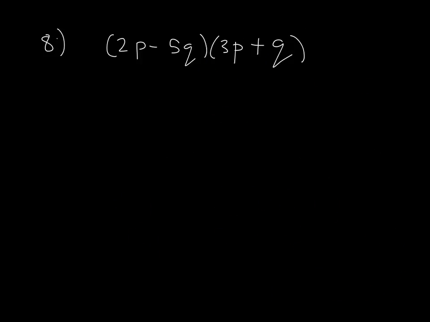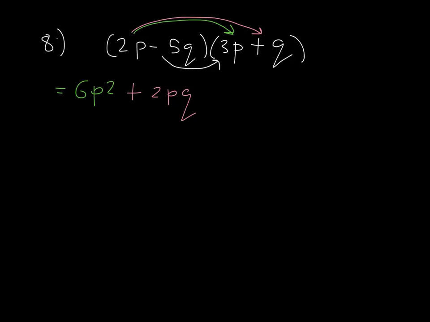Question 8. Multiply out and simplify this pair of double brackets. So starting here, 2p multiplied by 3p gives us 6p squared. Then we have 2p multiplied by q, which gives us plus 2pq. We then have minus 5q multiplied by 3p, which gives us minus 15pq. Keeping terms in alphabetical order can make simplification easier later on.